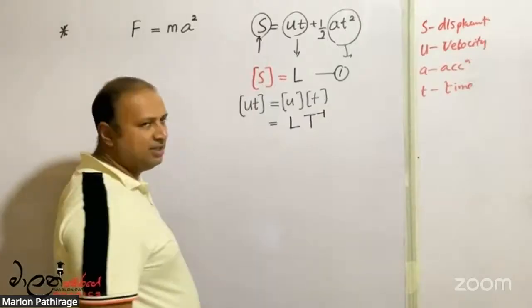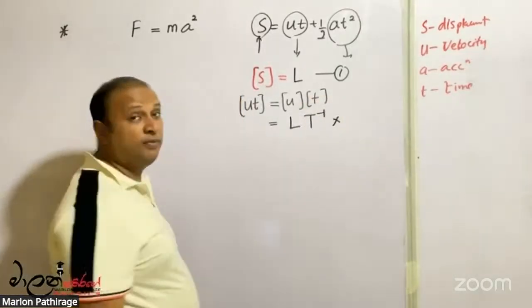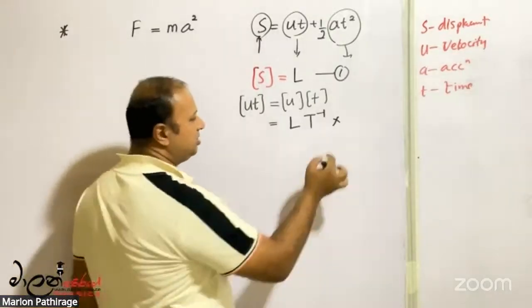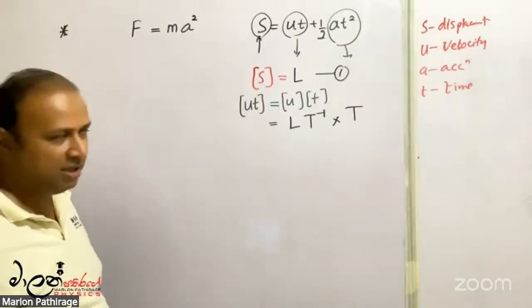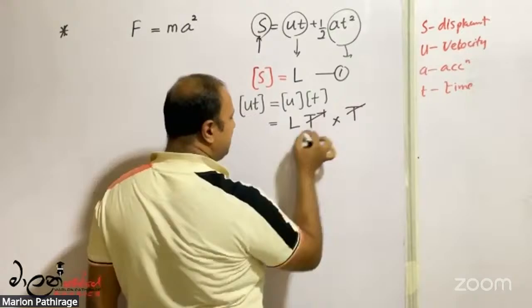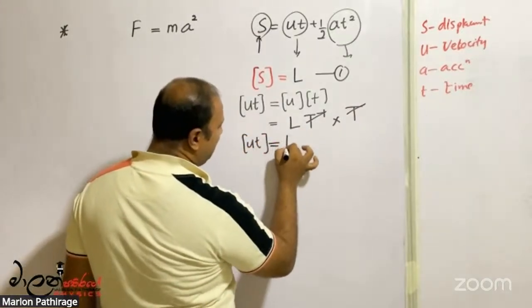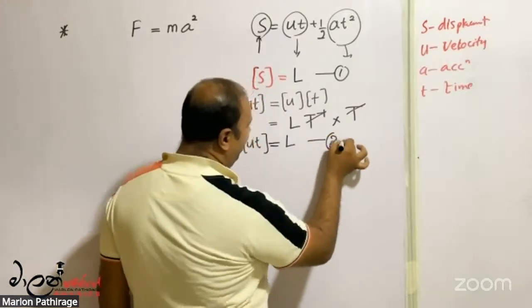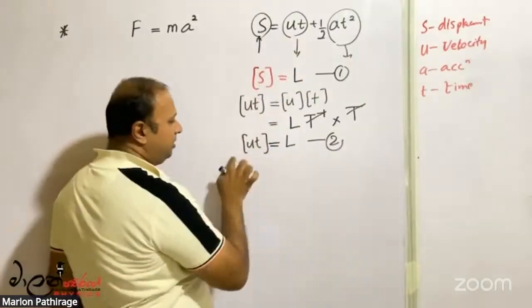The dimension of velocity is LT minus 1. It should be multiplied by the dimension of time, which is T. Therefore, the T minus 1 and T will cancel out. Therefore, the dimension of UT is equal to L, and the dimension of S is equal to L.